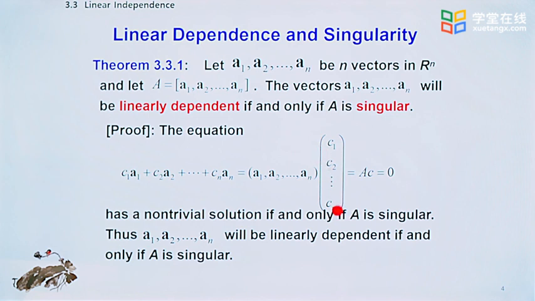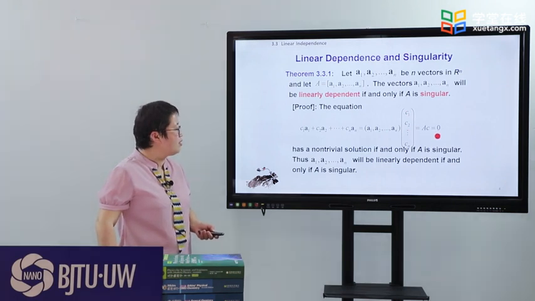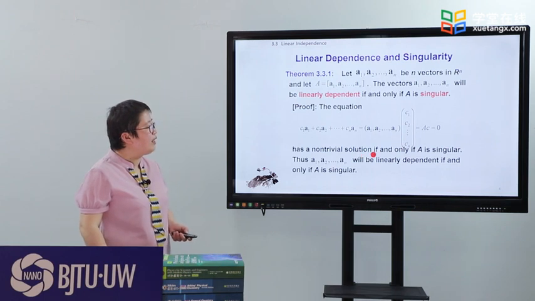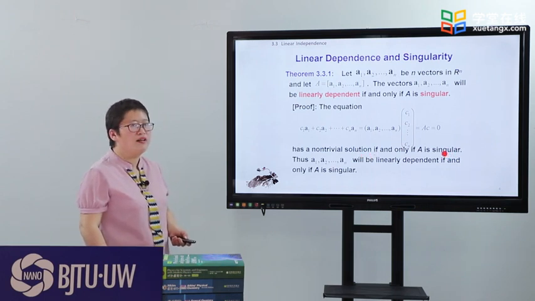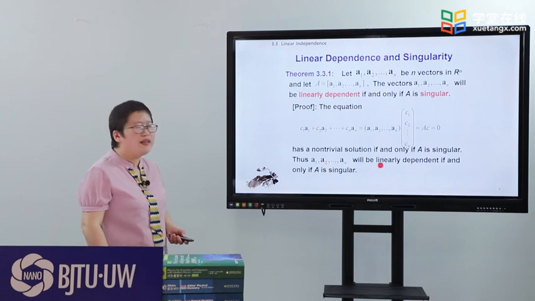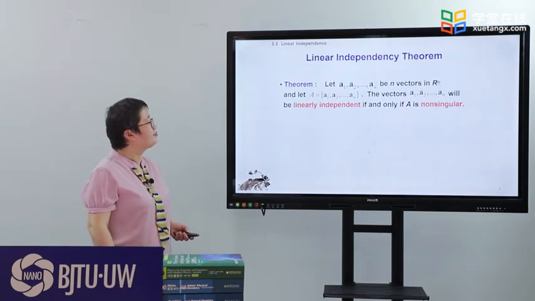So this column vector is composed by the coefficients here. And this one equals A times C equals 0, which has a non-trivial solution if and only if A is singular. Right? Thus A1, A2 till An will be linearly dependent if and only if A is singular.